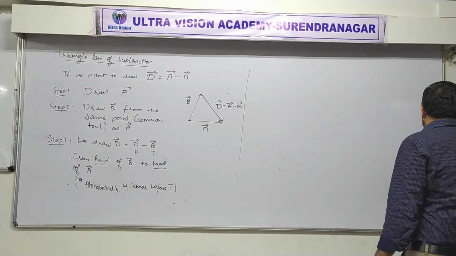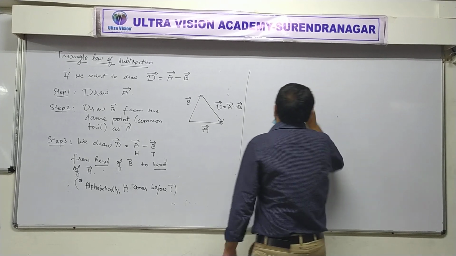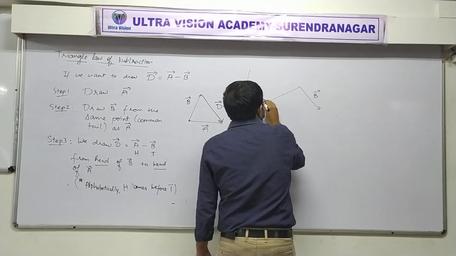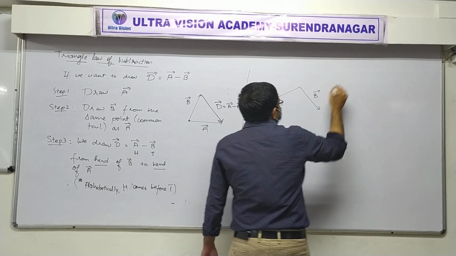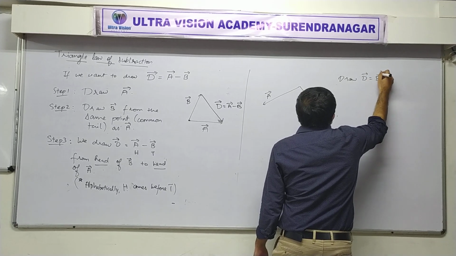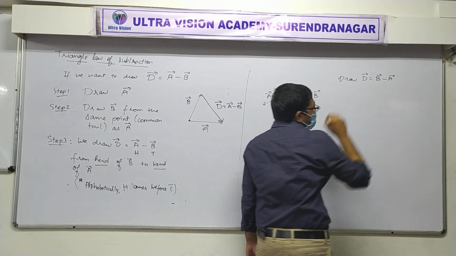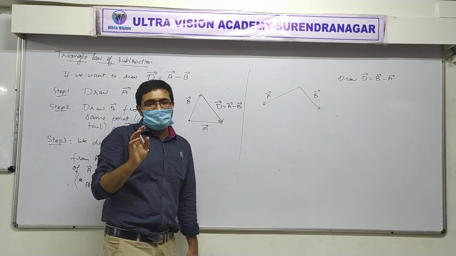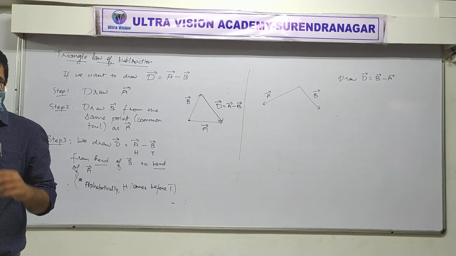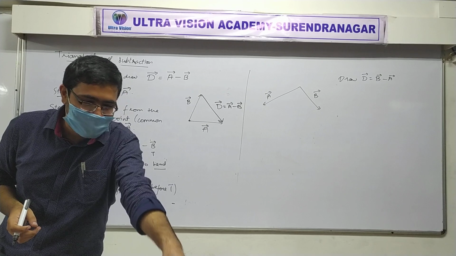So, can you now draw D vector which is equal to B vector minus A vector? Read the question carefully, and don't hurry. Where are A vector and B vector?